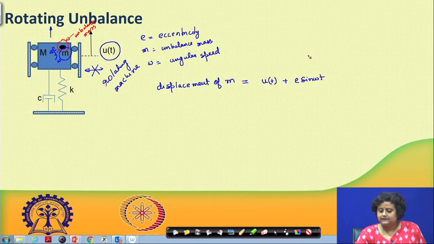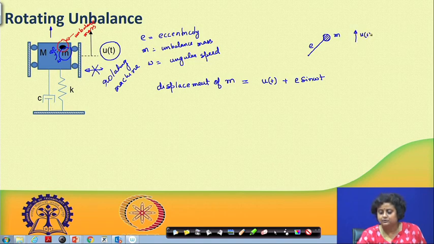So, this is the axis of rotation, about this line. This is the mass m. It is anyhow moving with a vertical displacement of u(t).